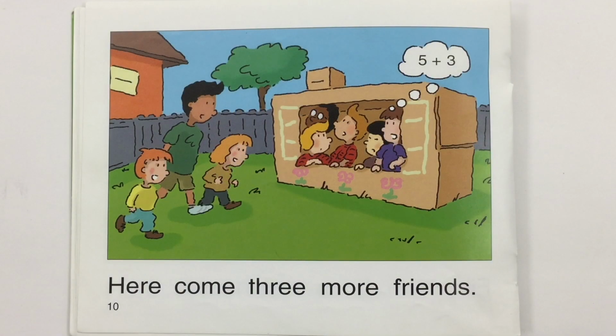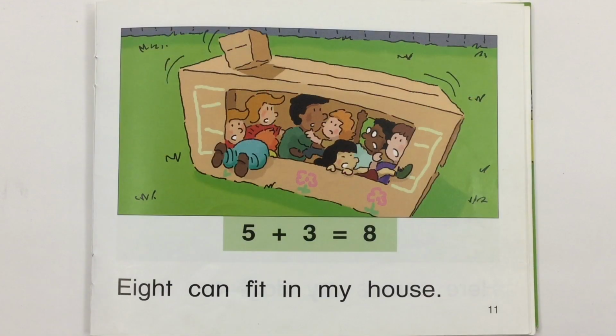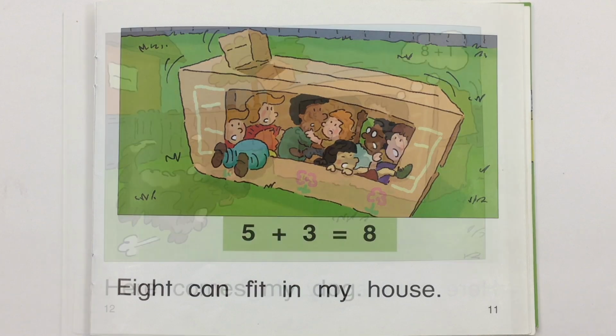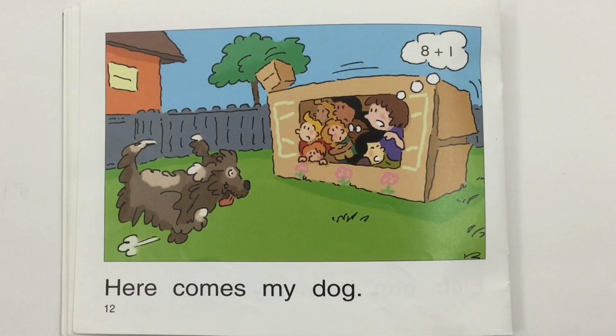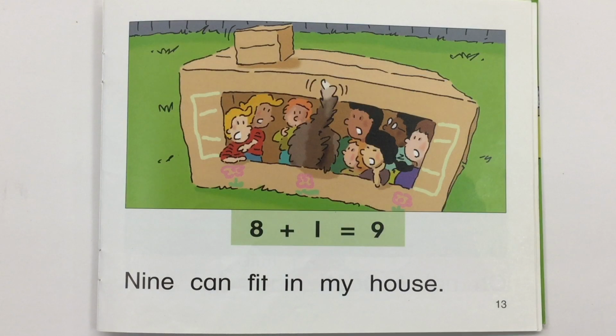Here come 3 more friends. 5 plus 3. 5 plus 3 equals 8. 8 can fit in my house. Here comes my dog. 8 plus 1. 8 plus 1 equals 9. 9 can fit in my house.